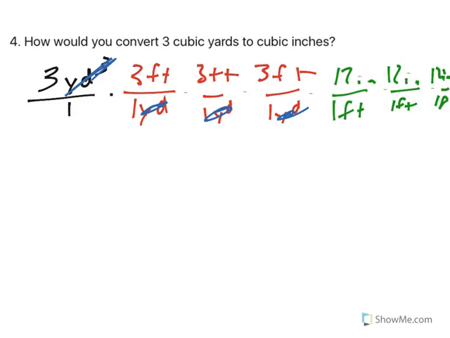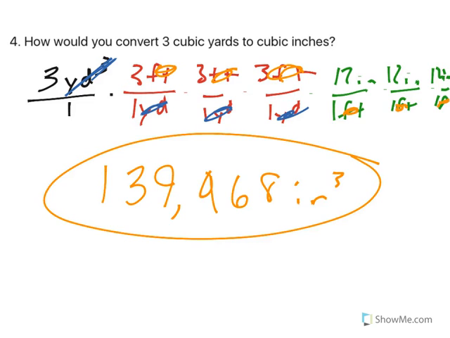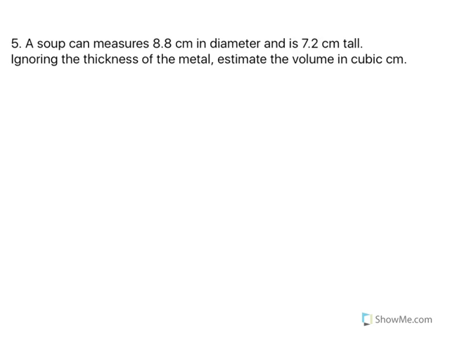So really you just have to do the double conversion to go first to feet, then to inches. And we would end up, if we did the math and multiplied across, 139,968 cubic inches there.